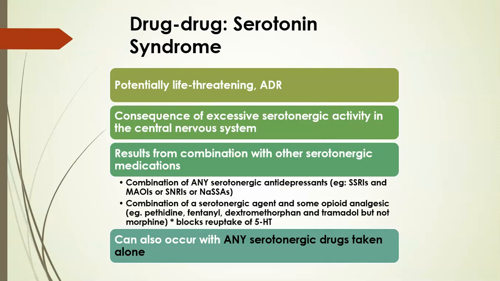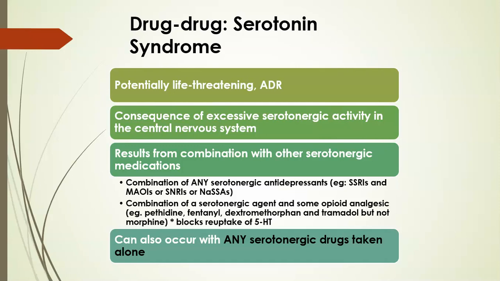Or if you're giving a patient an SSRI in combination with, for example, opioid analgesics like pethidine, fentanyl, dextromethorphan, or tramadol, you may actually trigger serotonin syndrome. And this is important because these are the sort of drugs that you will be using in your clinic, right? So you have to take note of this.